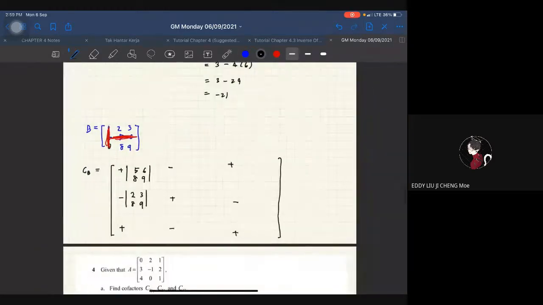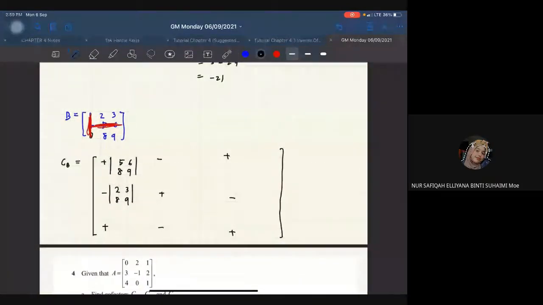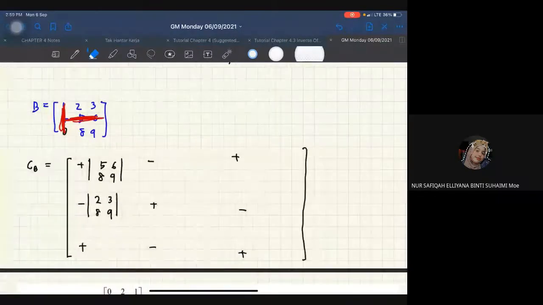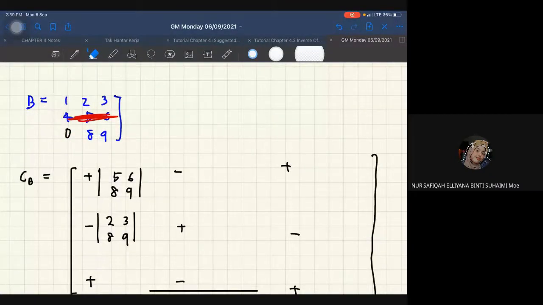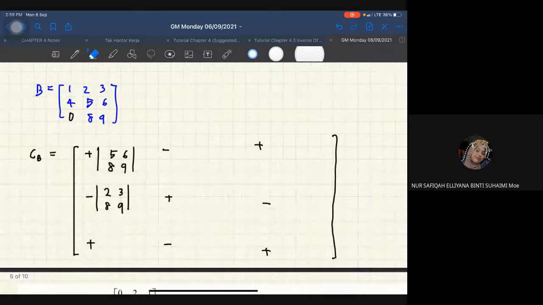Okay, boleh follow ke this one? Macam mana kita nak cari cofactor of a matrix? Boleh. Okay, so awak akan buat benda yang sama untuk setiap elemen yang ada dalam matrix tu. Maksudnya awak akan choose satu elemen and then awak akan eliminate dia punya row and also column. So whatever elemen yang tinggal tu awak akan cari dia punya determinant.